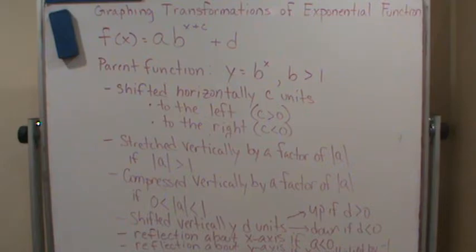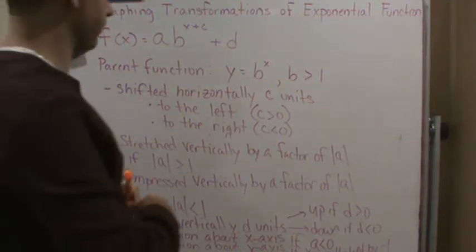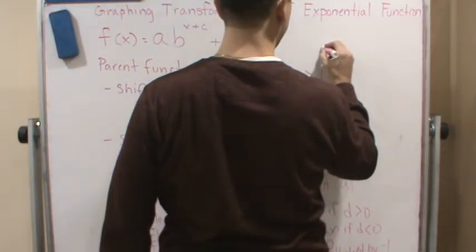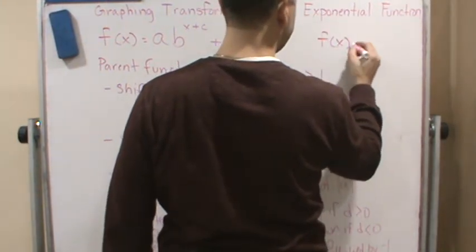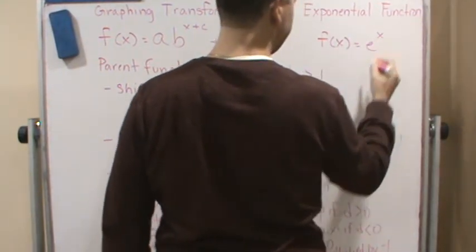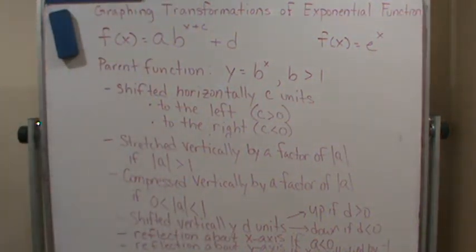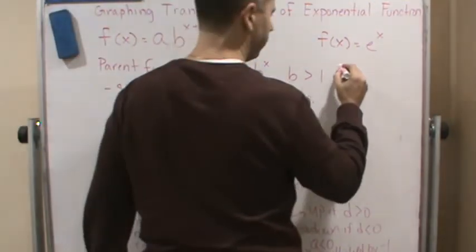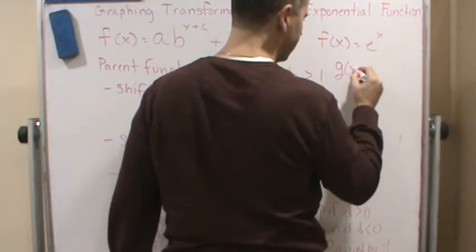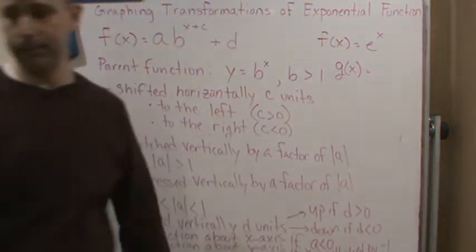Okay, so now what we're going to do is take this function f of x equals e to the x, and we're going to take the 3 transformations that they describe, and we're going to find g of x, right? So this is easy if you just take your time to understand what's going on.